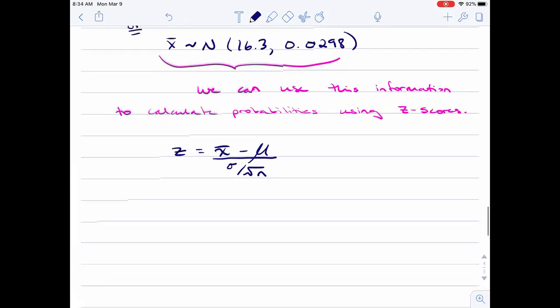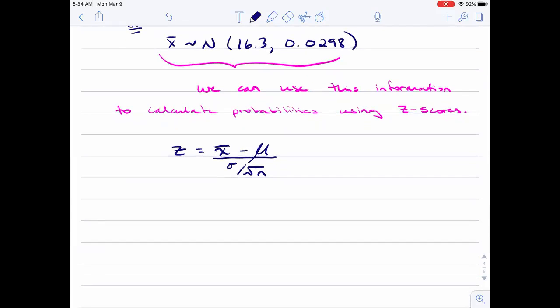Once you have a z, that z behaves the same way as all the other z's. You can go to the z table and find areas under the curve.